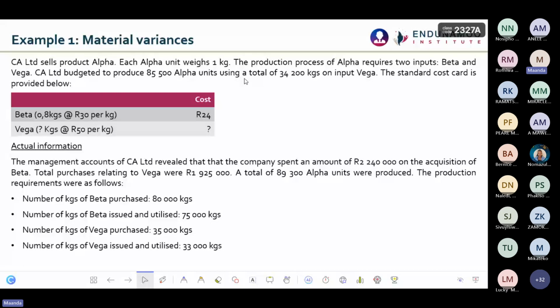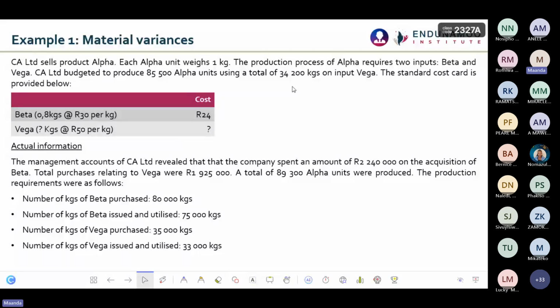Using a total of 34,200 kgs on input of Vega. Remember they told us about beta and Vega, but here they're telling us that the input of these units, 34.2, is for Vega.